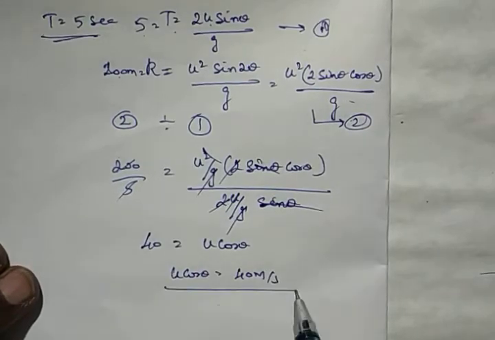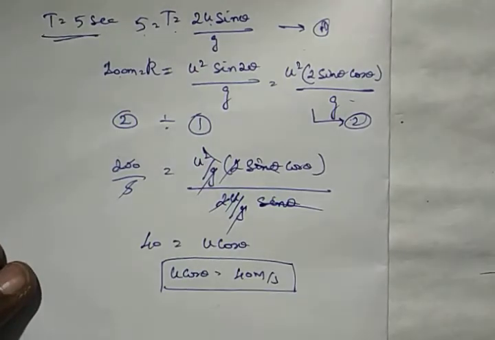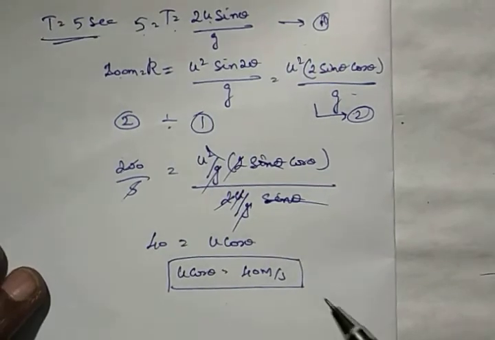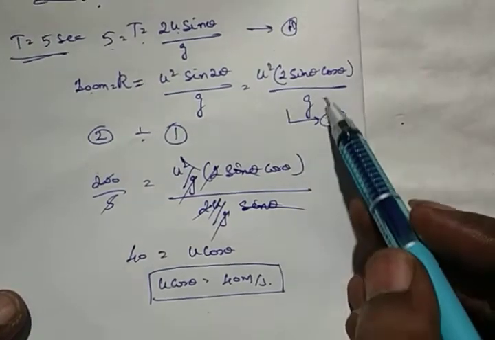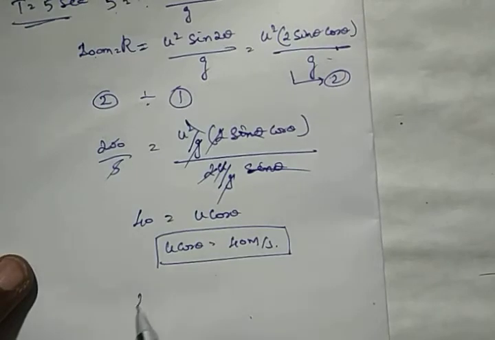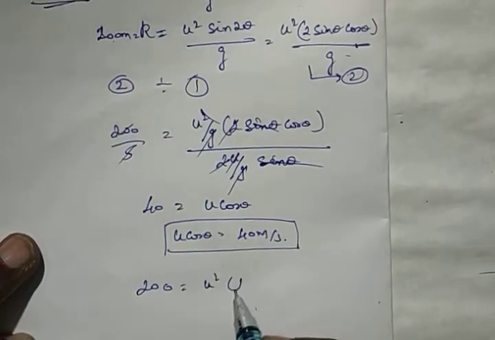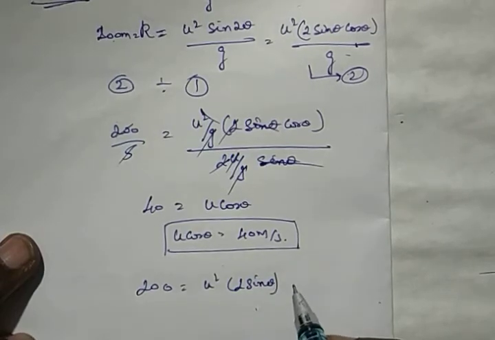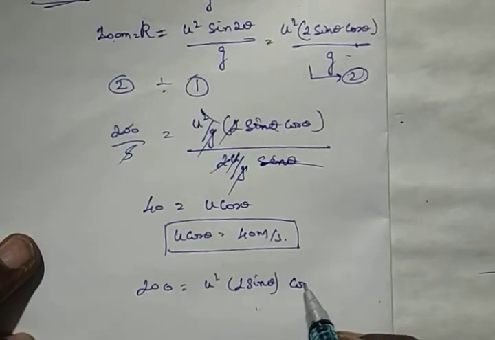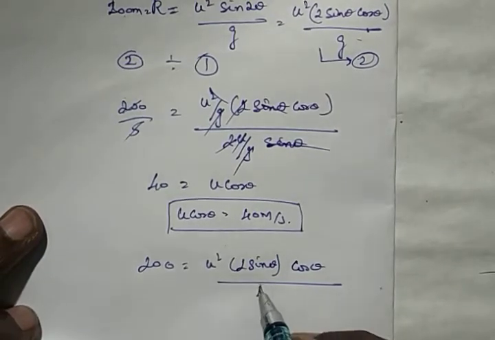It's already the one which is required. The first part of the question is already answered here. Now we need to find out the sine theta component. So how to find the sine theta component? You have to put this value over here. So 200 is equal to u square 2 sine theta into cos theta upon g.